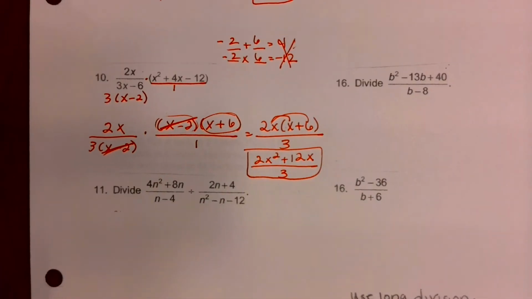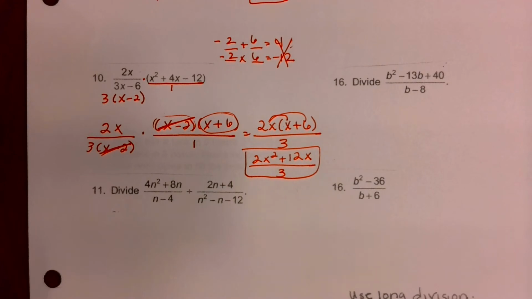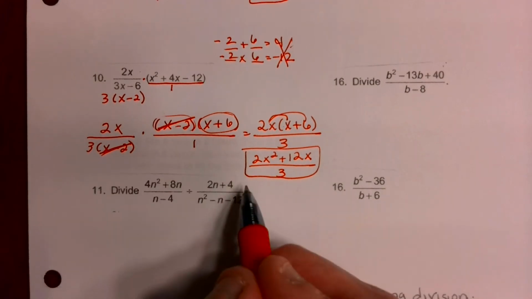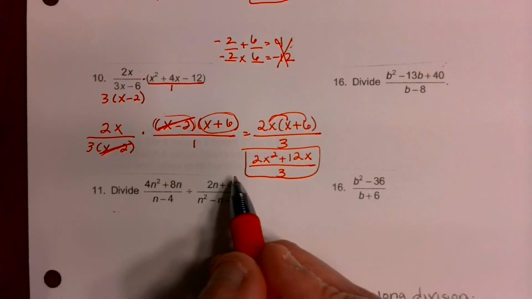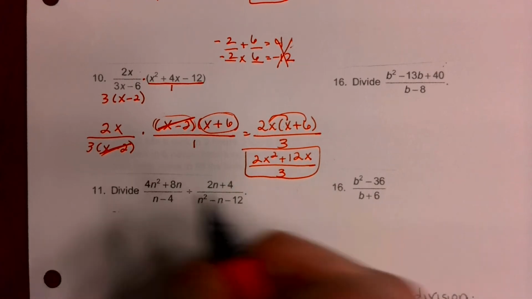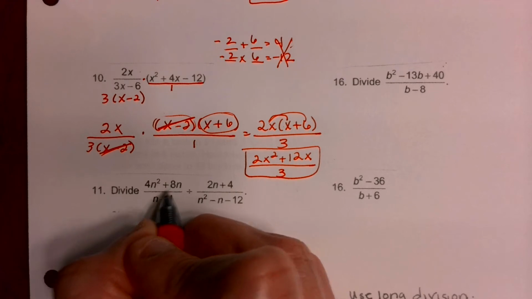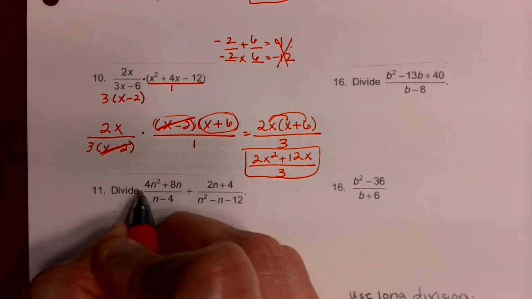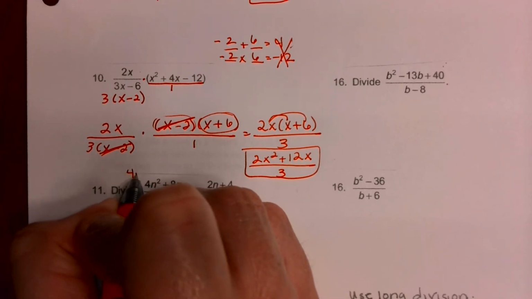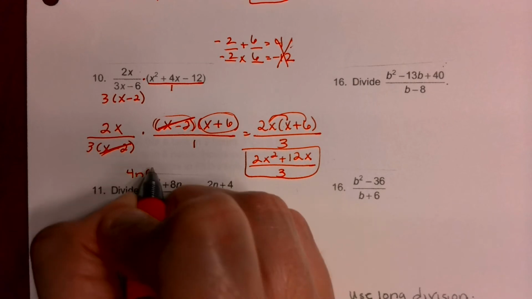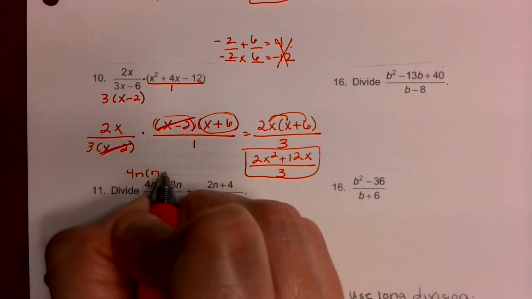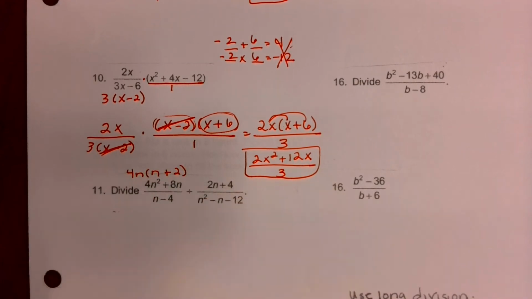All right, next, we're dividing. So the only difference between this one and this one is we have to make sure we flip this. Before I flip it, though, I'm going to factor this because I see 2 terms, and I see a 4 that can be taken out and an n. If you take out a 4 and an n, you're left with n plus 2.